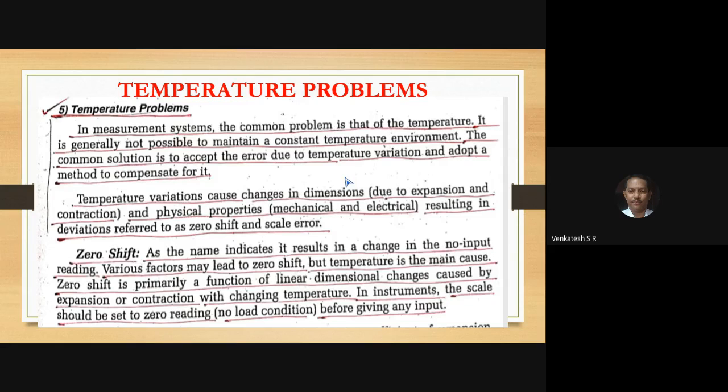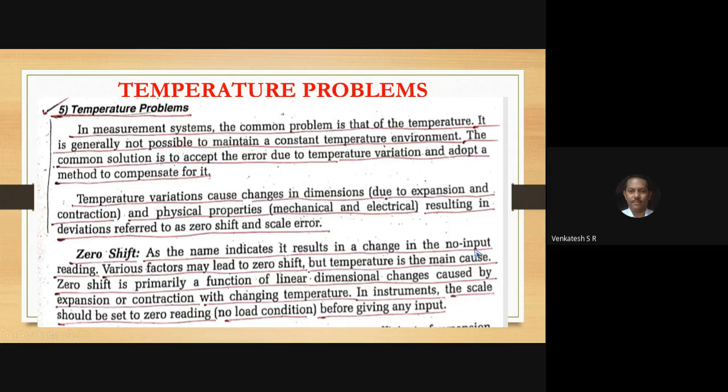Remember, in all metals there will be thermal contraction and thermal expansion. Due to these mechanical properties, you will not get the accurate result. So for that reason, the temperature problem always arises in mechanical measurement. That is called temperature problem.